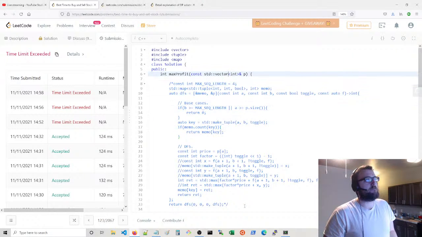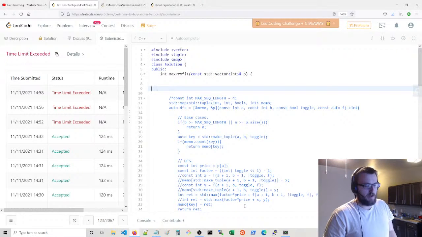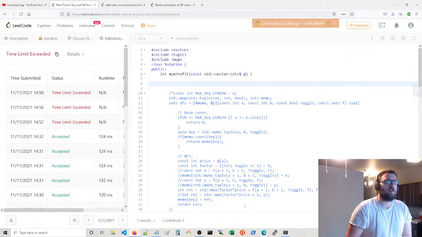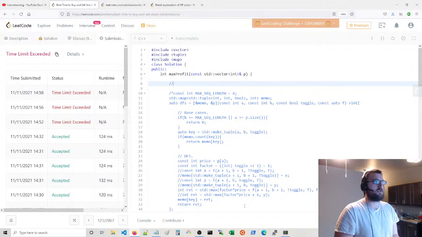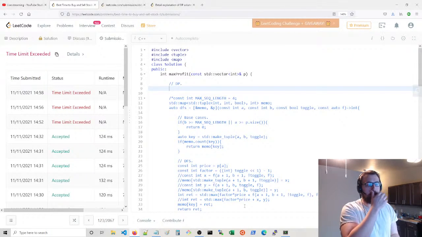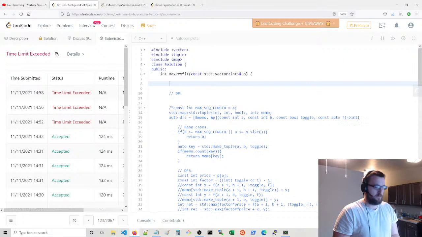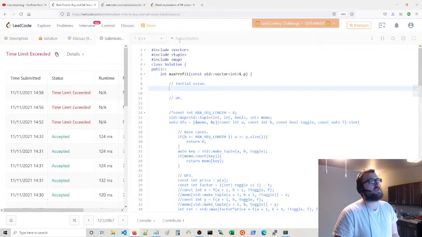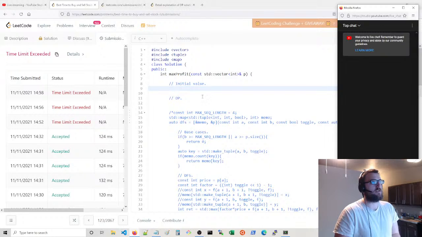It's also not as fast as it could be if we use a DP solution. It should be faster. But the question is, how do we set up the DP solution? And by the way, I'm not looking at the detailed explanation yet.